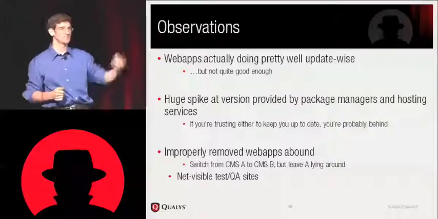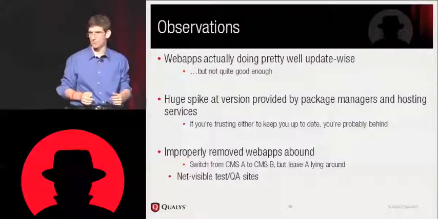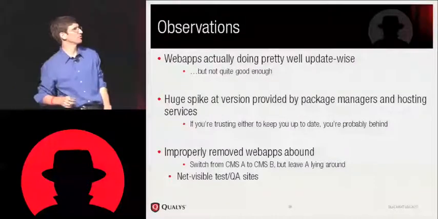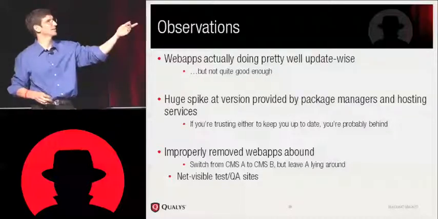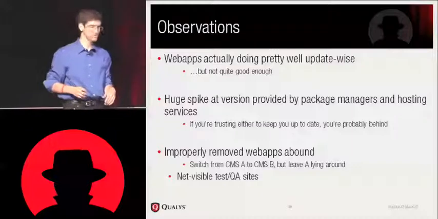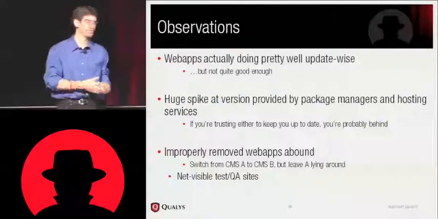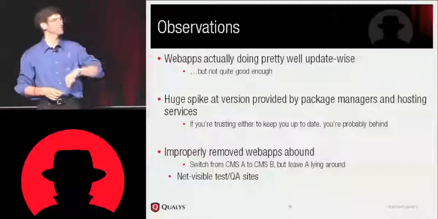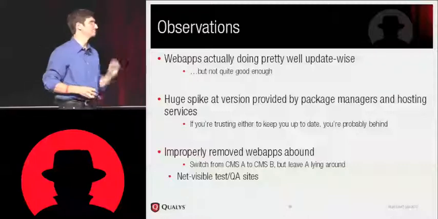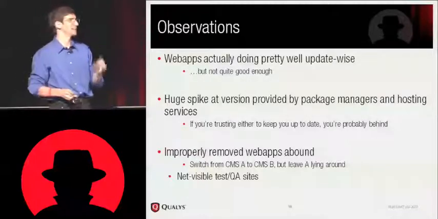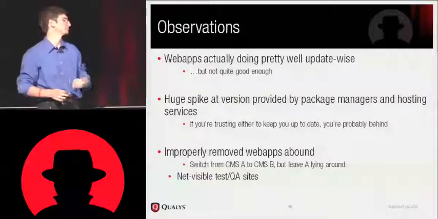You really need to be in the last 1 or 2 or 3 versions to stay out of those vulnerabilities. We see, as I pointed out, a huge spike at versions provided by package managers and hosting services. So you can't blindly trust those to keep you up to date. There is a possibility some of those were backporting the patches, but not happening in a lot of cases. We can go back and see if it changes the numbers too much. I don't think it will.